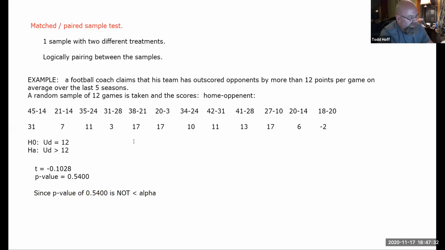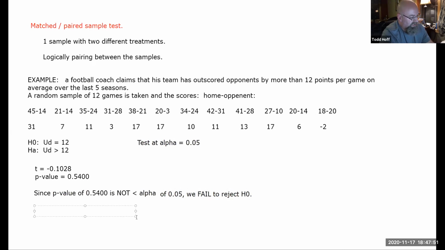Let's say alpha equals 0.05. Since it's not less than alpha of 0.05, we fail to reject H0.